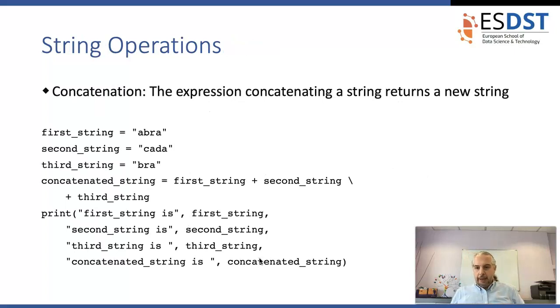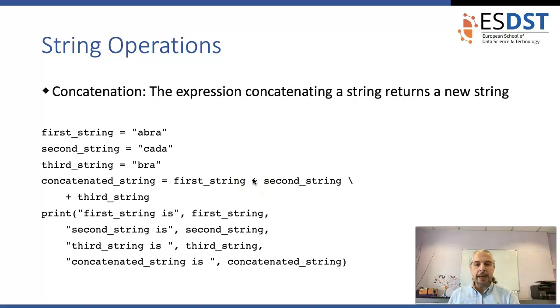Somebody will say, okay, does this mean that we can only have arithmetic operations? No. We can also have string operations. We can have concatenation of strings, for example. Let's say that I have 3 strings. I would like them to be joined together. I can use the plus sign. The plus sign allows me to join the 3 strings together.